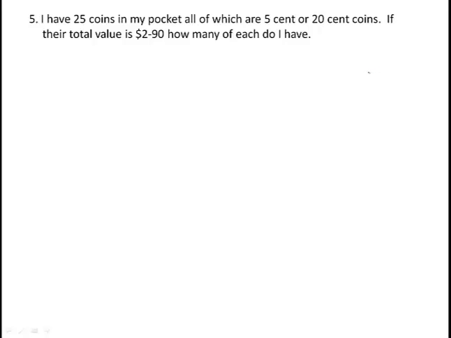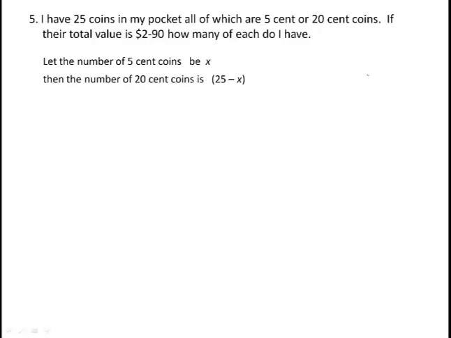Their total value is $2.90, and I need to find how many of each I have. So we'll let the number of 5-cent coins be x, which means the number of 20-cent coins must be 25 minus x. That is the total number of coins I have minus the number of 5-cent pieces.